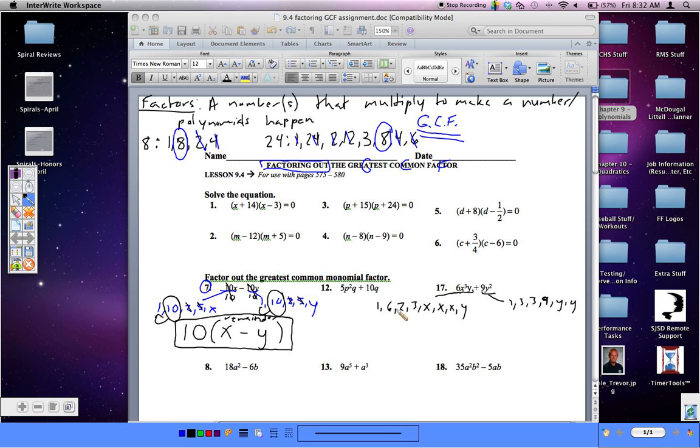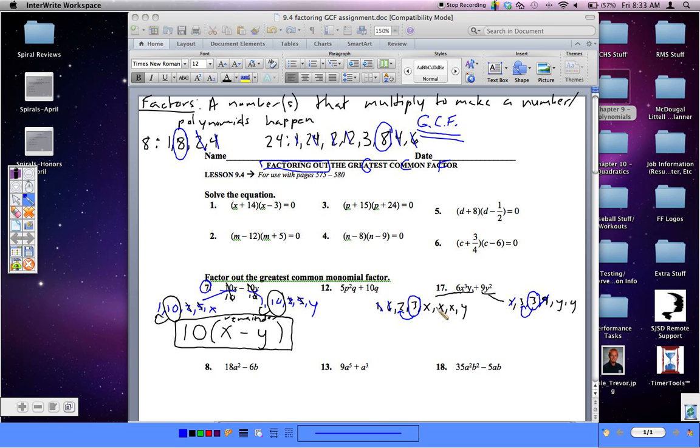So of this list of numbers and this list of numbers, what is the biggest one that they share? Well, the biggest one I notice is the 3. If we use the 3, notice this 3 paired with that 3 to make 9, and this 3 paired with 2 to make 6. Since we didn't use those, they don't matter.